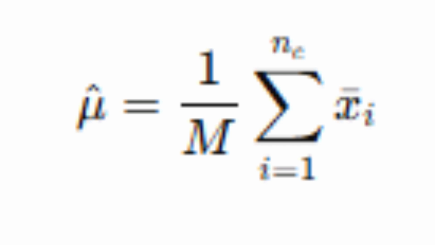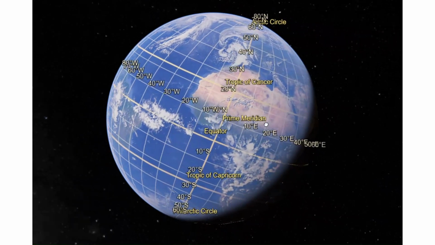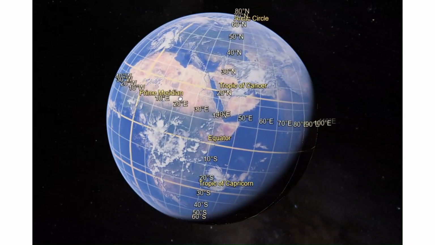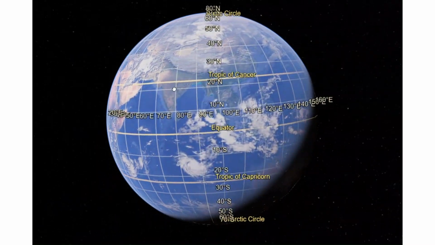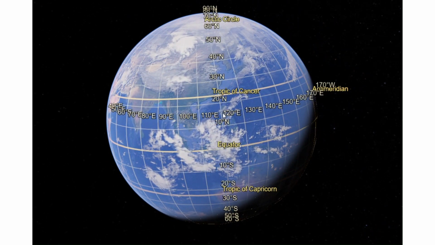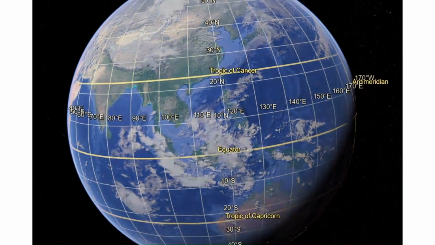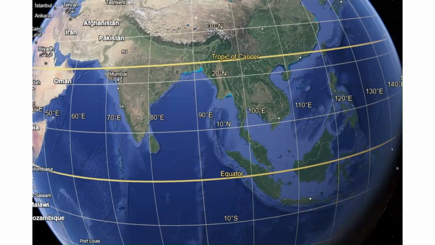How this works is that the method is often used when it's difficult or expensive to sample individuals spread across a large area. An example of this would be if you want to survey students in a large city, you might randomly select several schools, as clusters, and then survey all students at those schools.